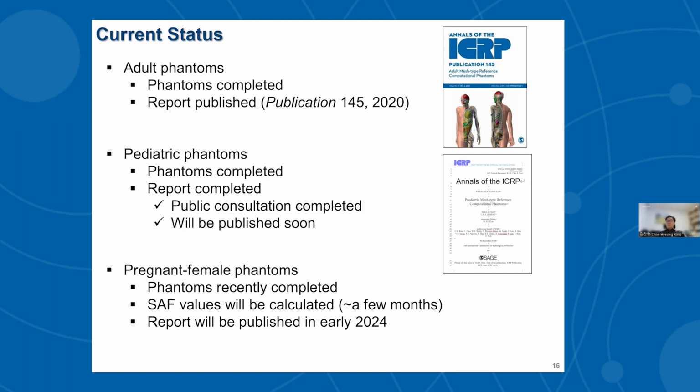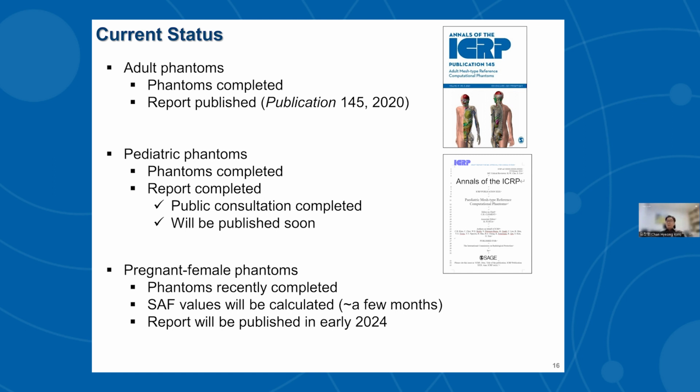Today, the next two speakers will explain ICRP Publication 145 and adult mesh-type reference computational phantoms in detail. But before we move on, let me spend some time to explain the phantom geometry in general.